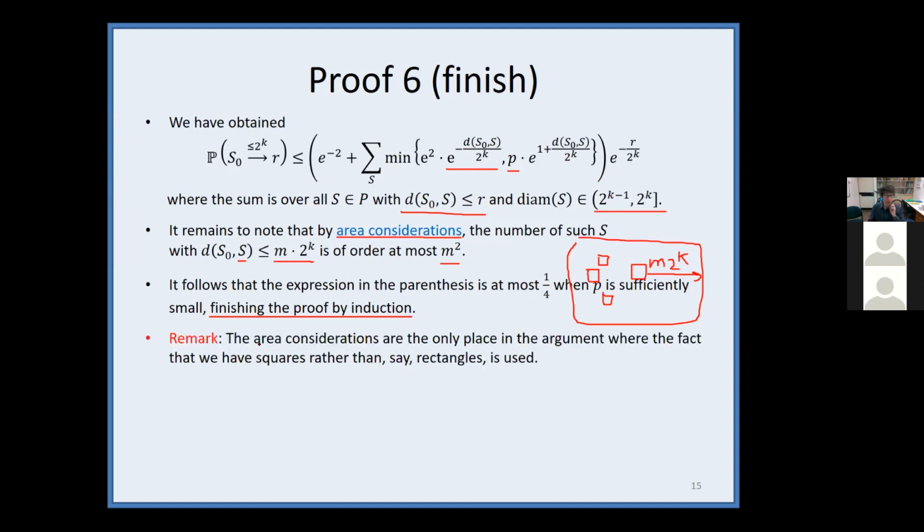And I'll just remark that these area considerations that we used over here, those are the only place in the argument where the fact that we have squares instead of, say, rectangles is important. So we could have tried the same proof for the original infinite planar graph, but it wouldn't have worked because we don't have these area considerations.